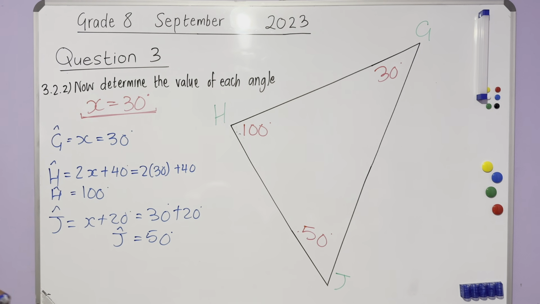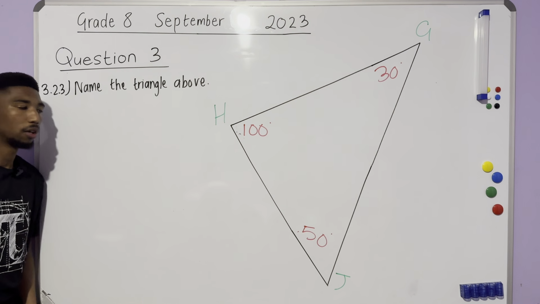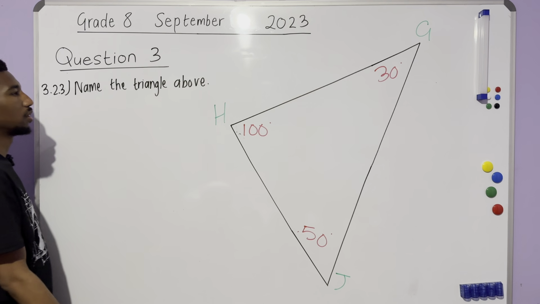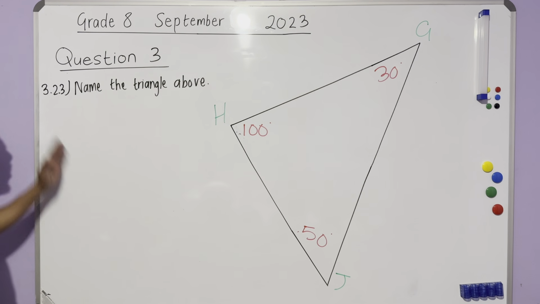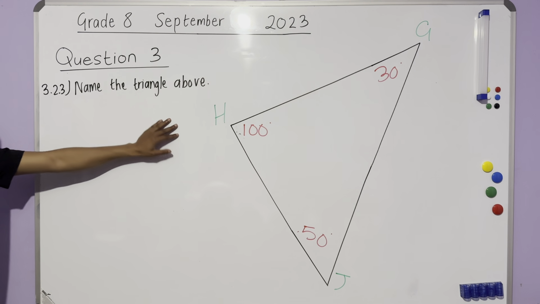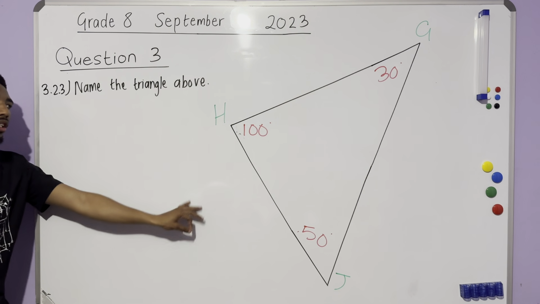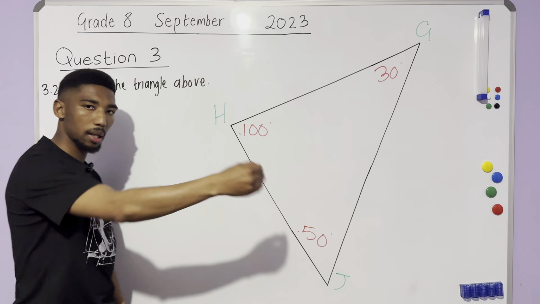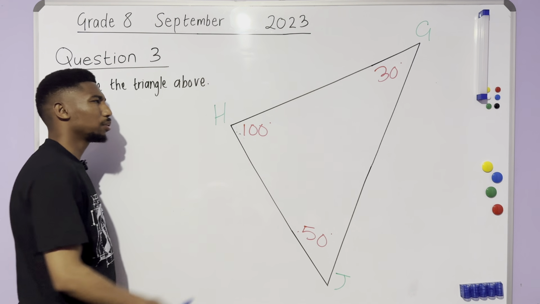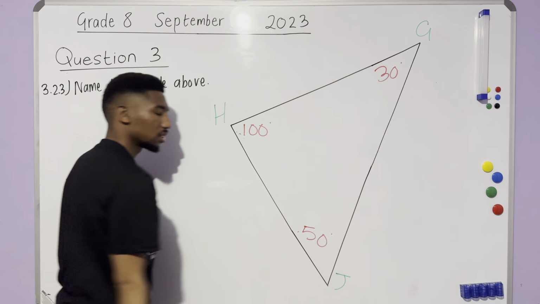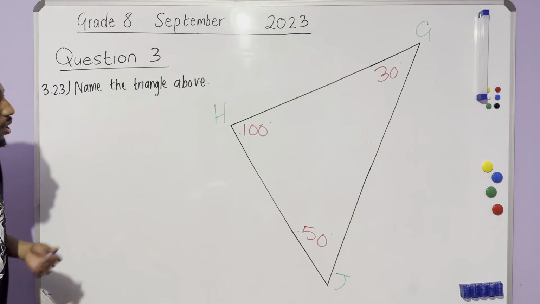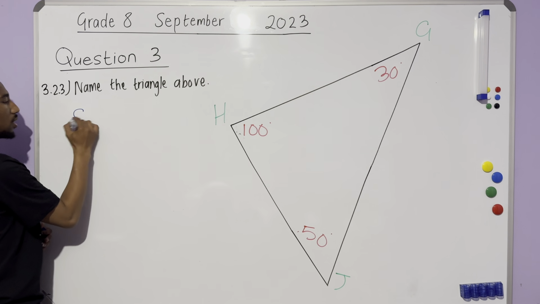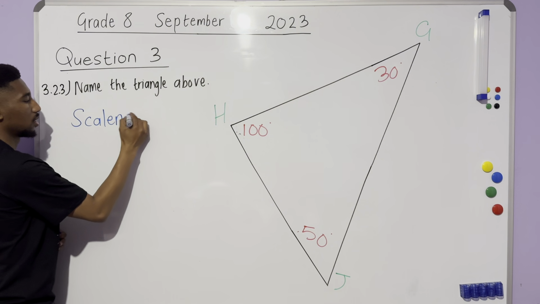Now, the next question wants us to name the triangle above. We can look at the angles to determine the type of triangle that we have, and we see that there are no equal angles. Therefore, this type of triangle is a scalene triangle.